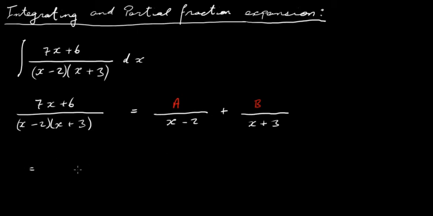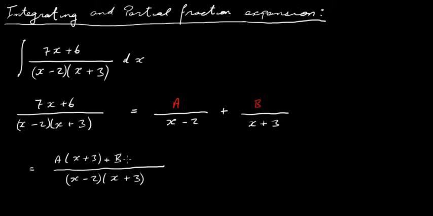I'm going to end up with x minus 2 times x plus 3 on the bottom, which is what I want here, and the top will become a times x plus 3, because x minus 2 divided into the denominator leaves me with an x plus 3, multiplied by a, plus b times x minus 2.